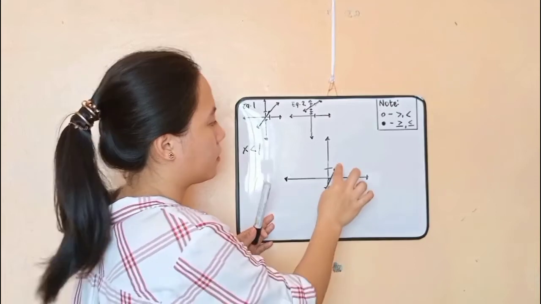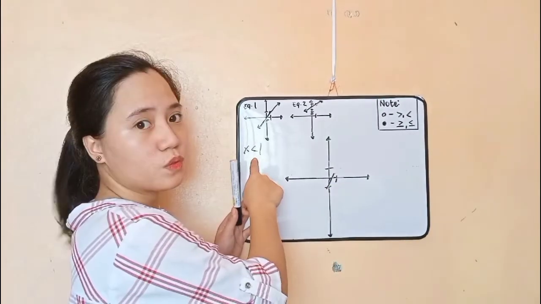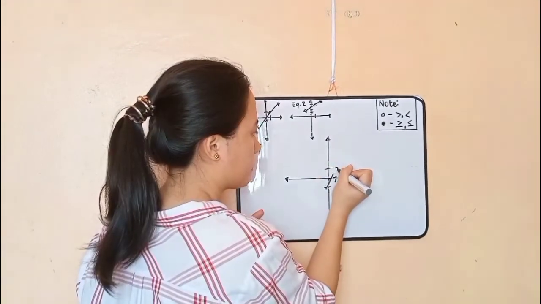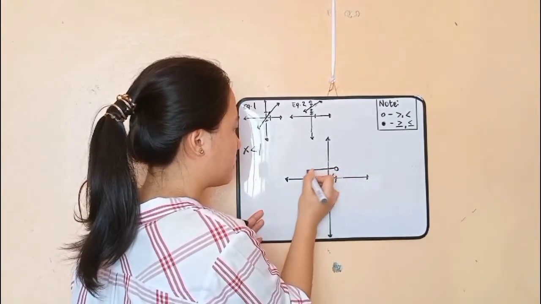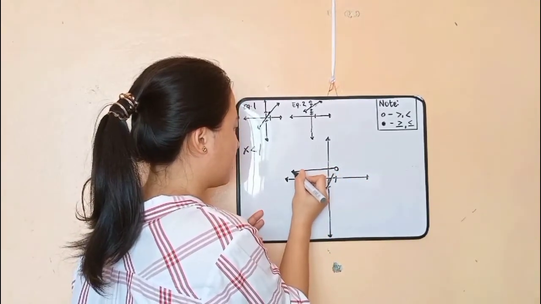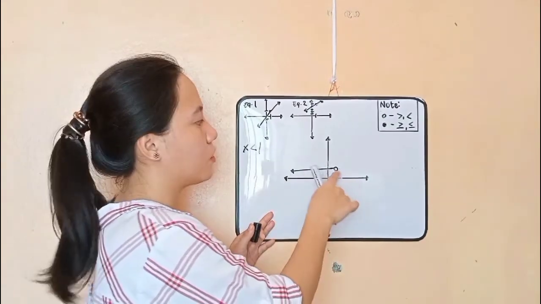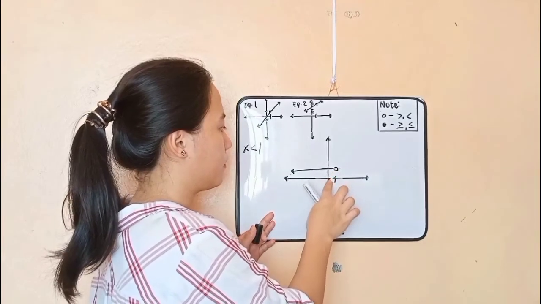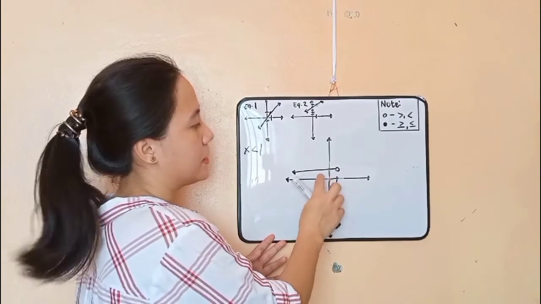And then, since it's less than 1, we will use the open circle, and the arrow goes to the left. Since it's less than 1, the 1 will not be included in the graph. So the first equation will look like this.